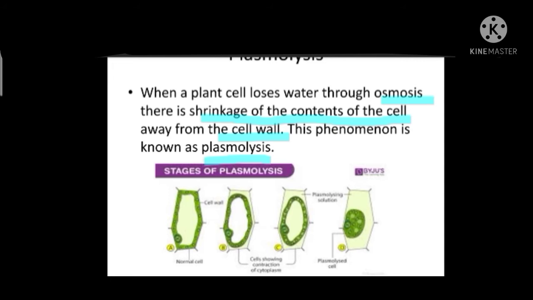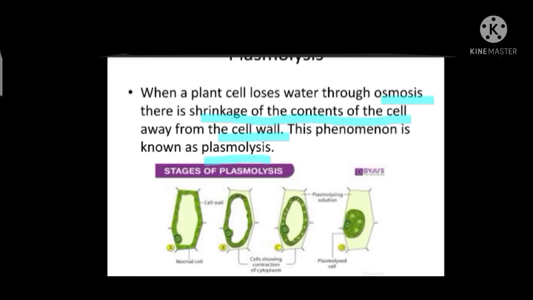So what is plasmolysis? When a living plant cell loses water through osmosis, that is, if the surrounding medium of that plant cell is a hypertonic solution, then what will happen? The plant cell will be losing water. How does it lose water? By the process of osmosis.